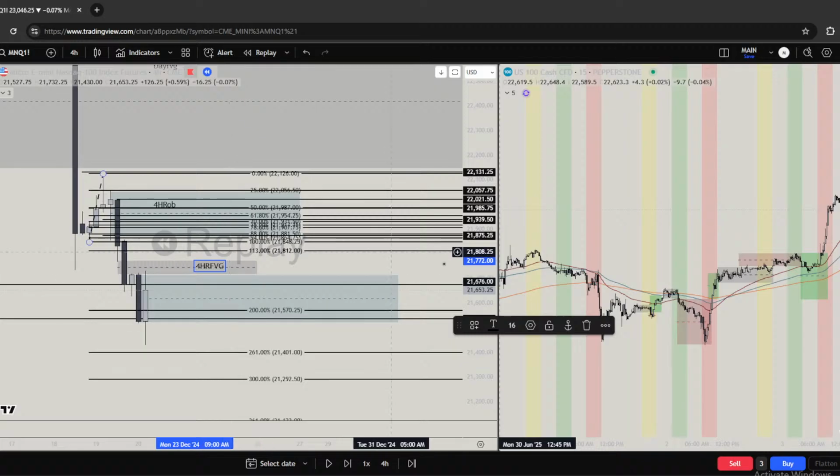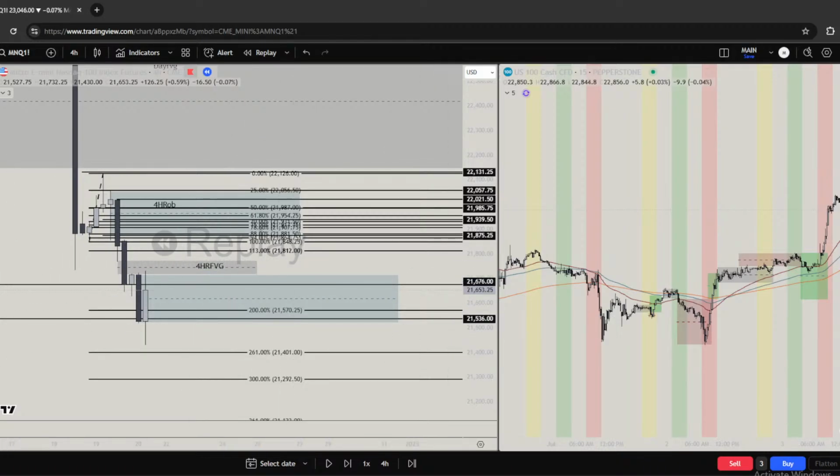Alright, let's see what price rejected off from, because it didn't reject off that daily. So let's see.